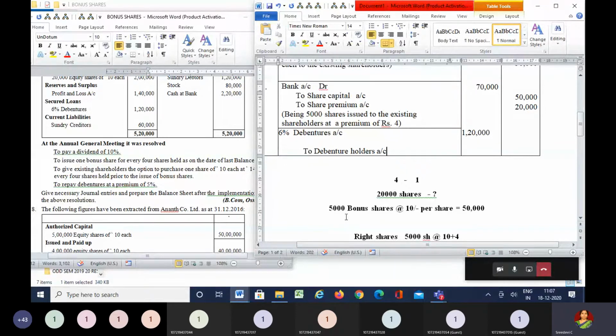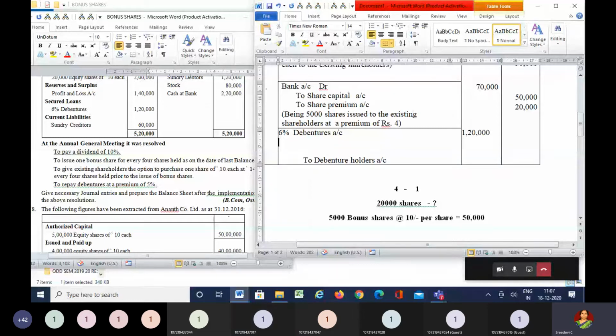On 1,20,000, the company has to give a premium of 5%. 6,000, ma'am. Yes.